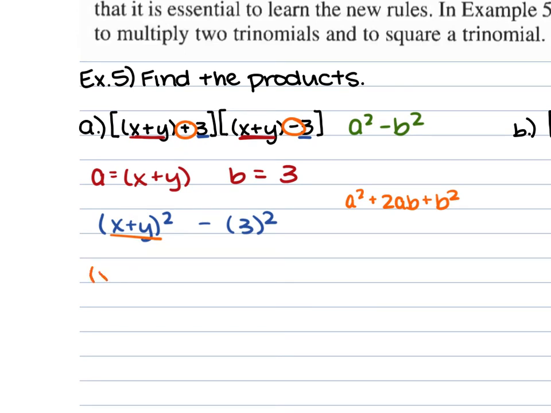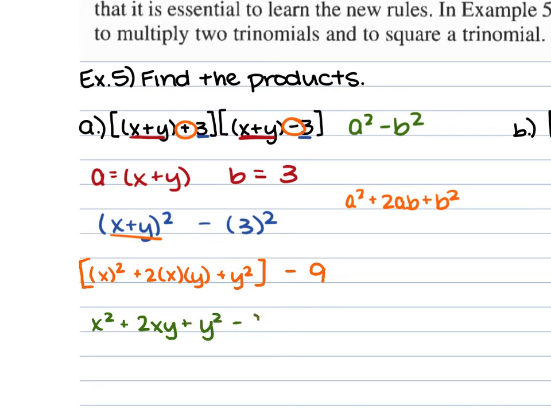So we'll use x squared plus 2 times x times y plus y squared minus 9, because 3 squared is 9. So from here, we're just going to have x squared plus 2xy plus y squared minus 9.